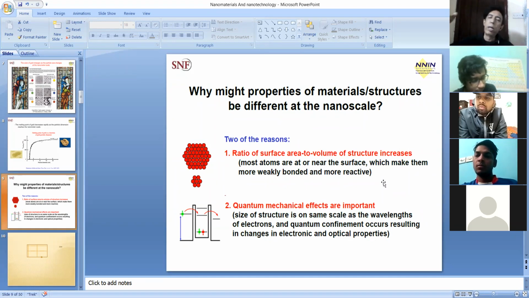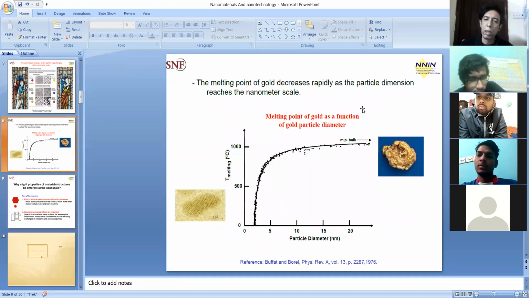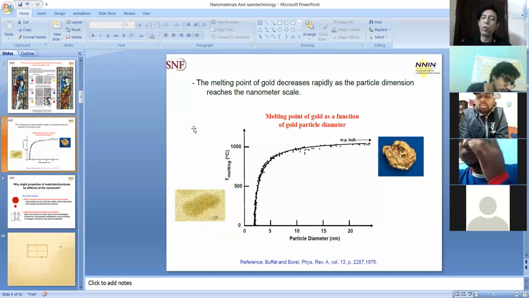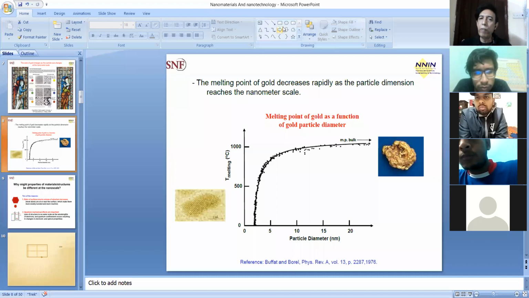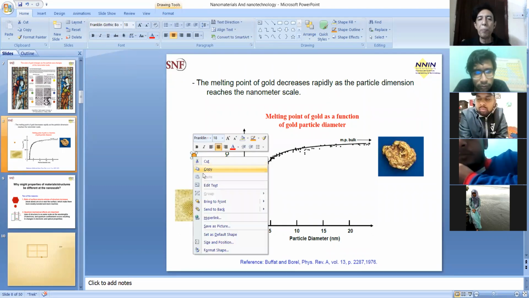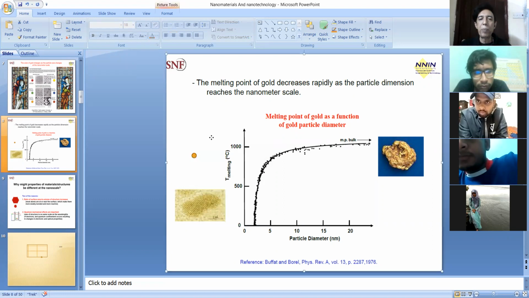Say for example, why is this material's melting point decreasing? What is the melting point?